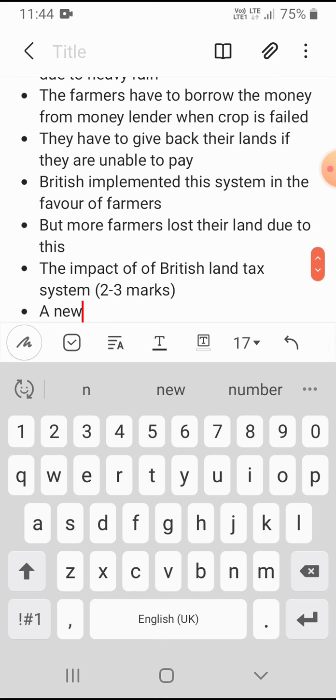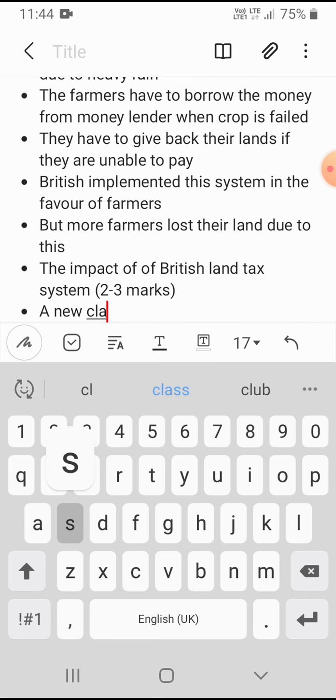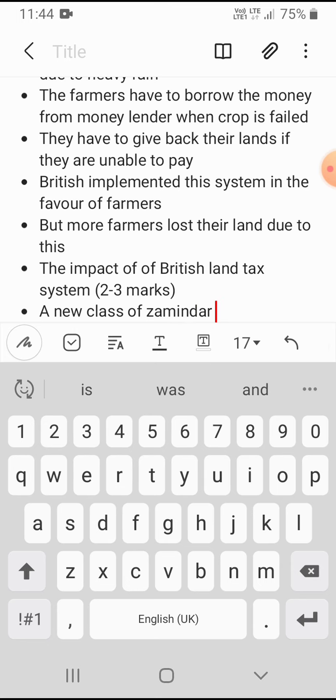So as you know, a new class of zamindar, who exploited the farmers, was created.